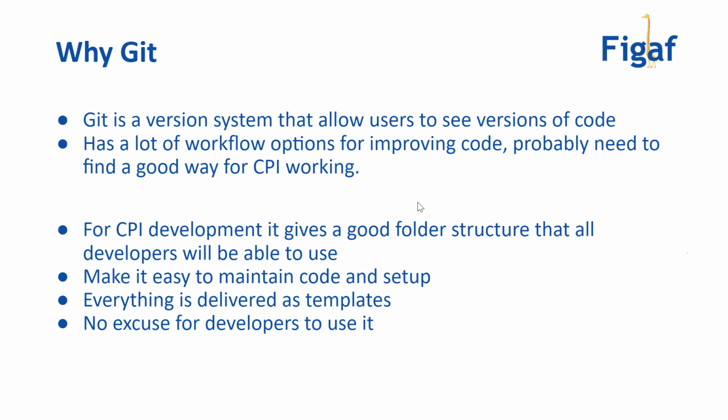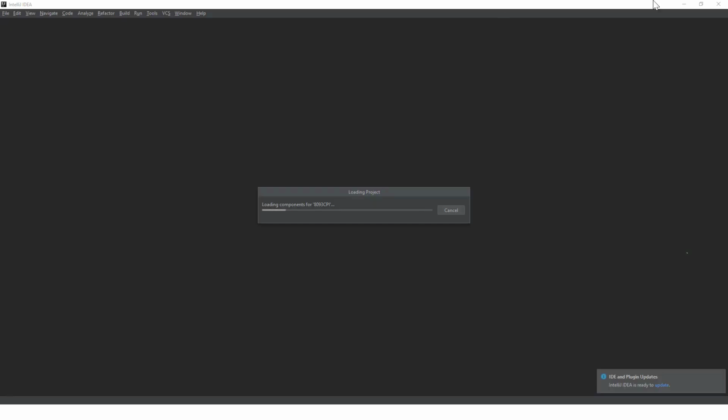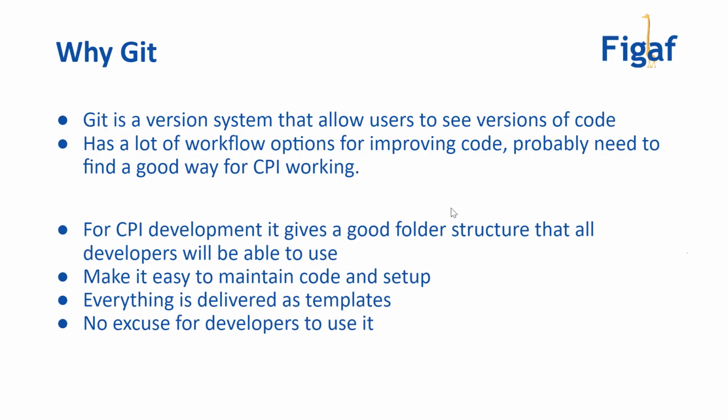So we have decided that Git was the best way to create a common development environment that users could access, and that gives users a good indication of what the different components are in it.